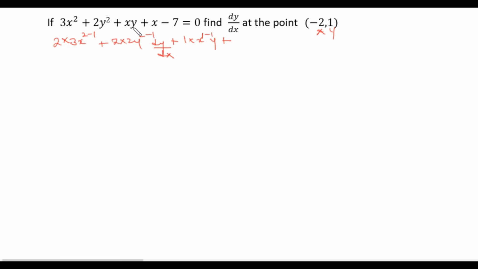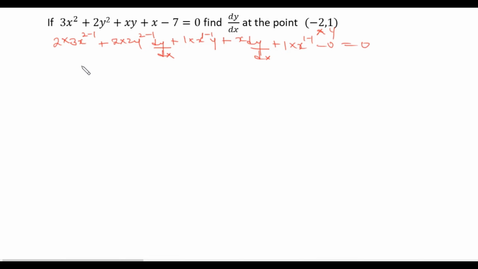Plus, then you differentiate y and keep x. Now we differentiate y, keep x: this y becomes dy/dx, and then plus x. Differentiating this, it becomes 1 times x to the power 1 minus 1, and minus 7 differentiates to 0.